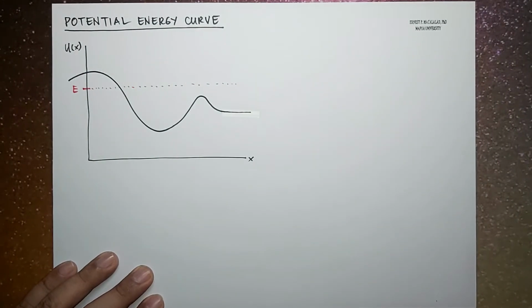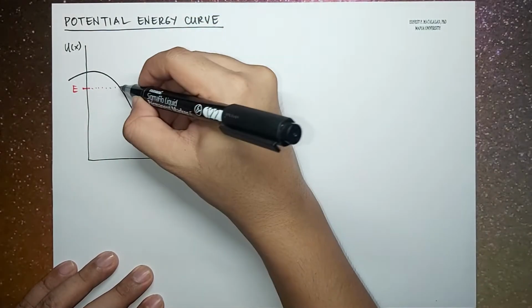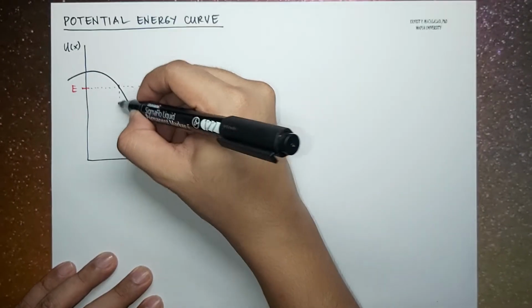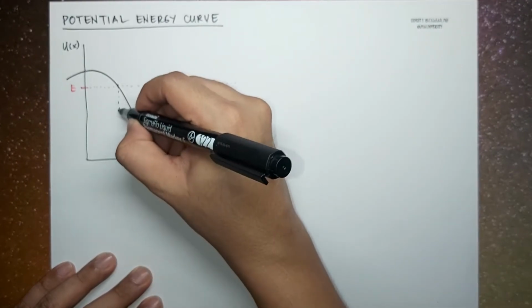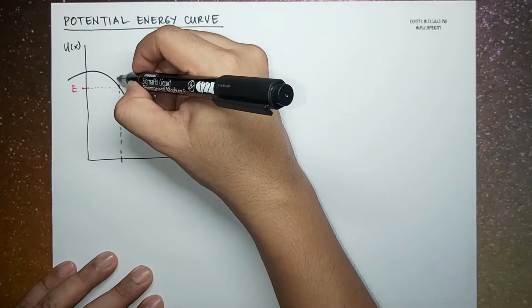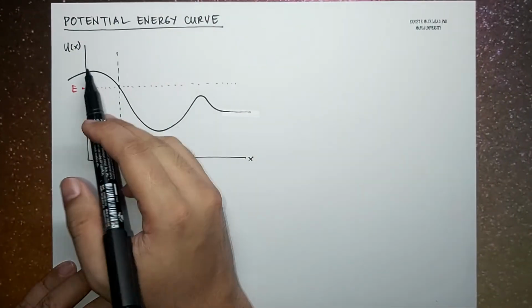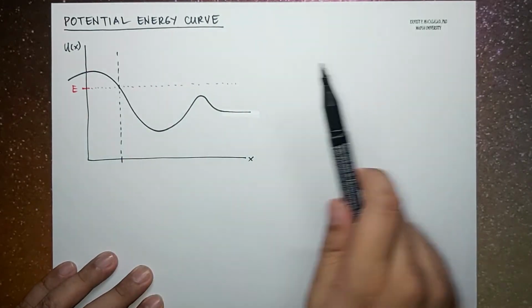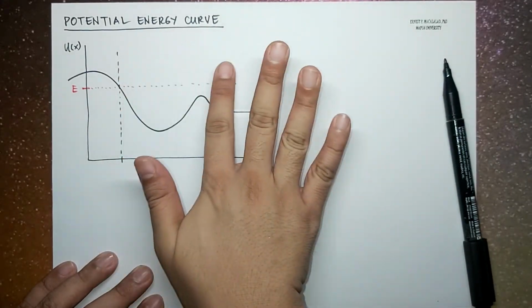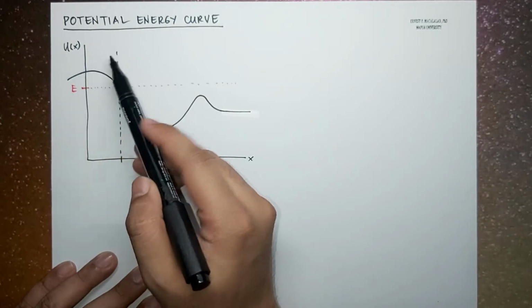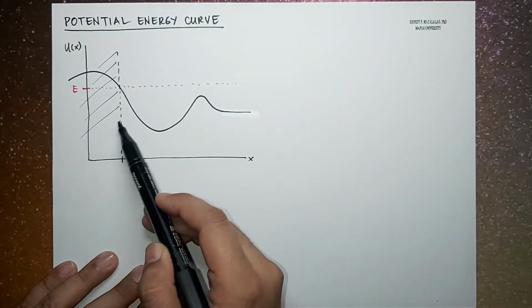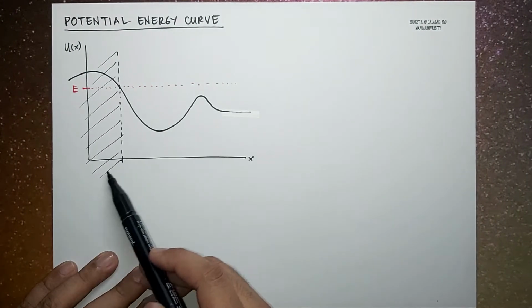In this region, we can see that the particle can only be found from this point and beyond. So the particle is allowed to be here, and it is not allowed to be here. We call this your forbidden region.